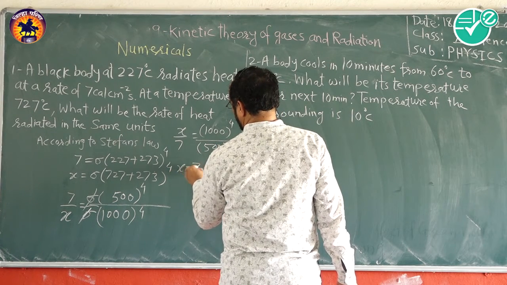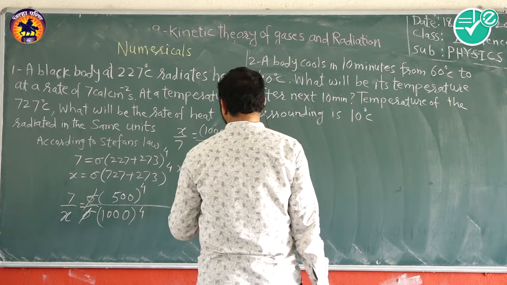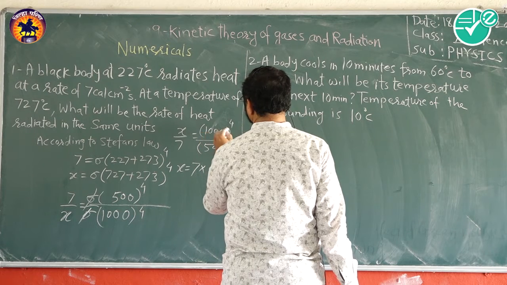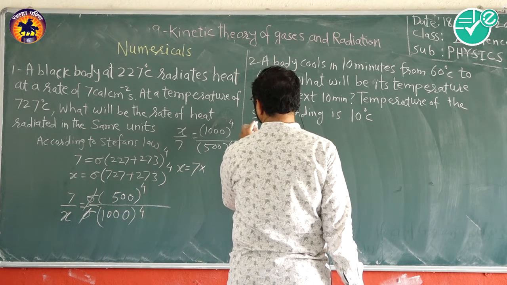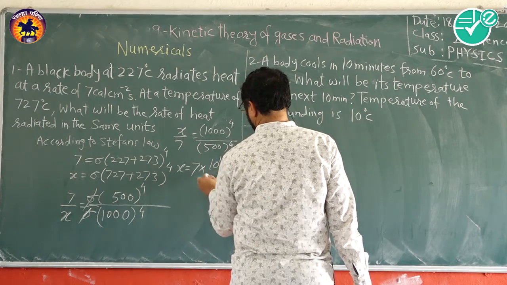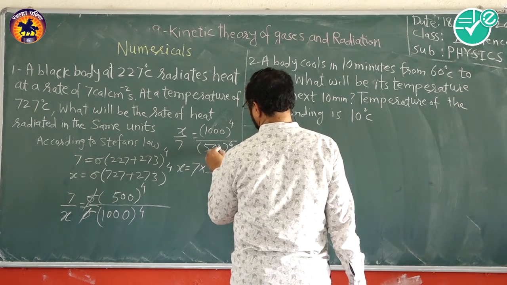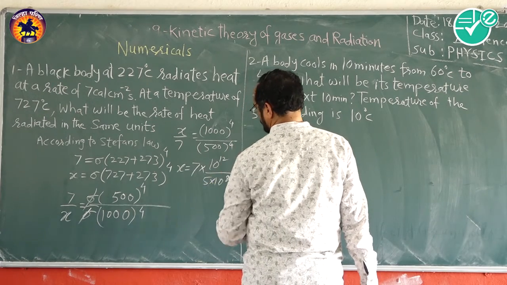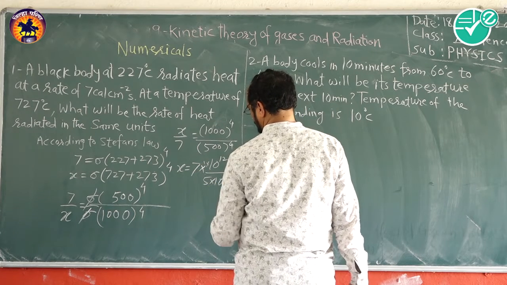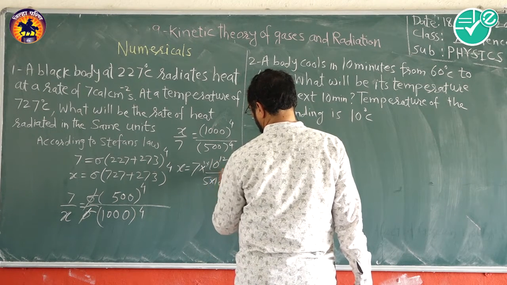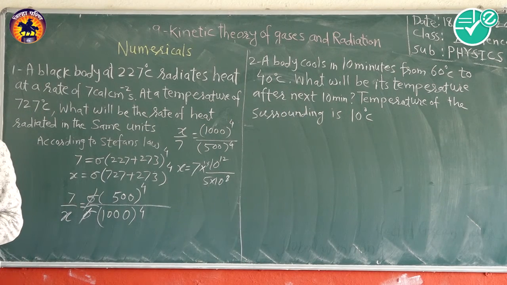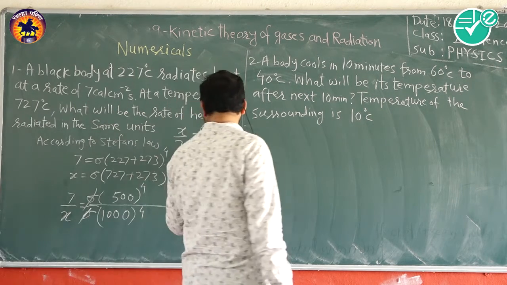So x will be equal to 7 into 10 to the power... If we solve it, the calculation gives 16.